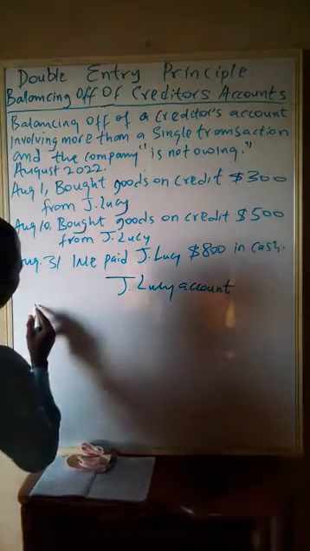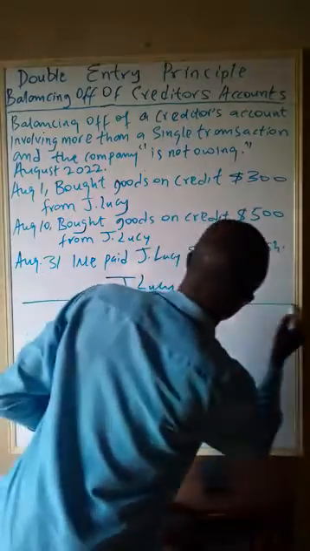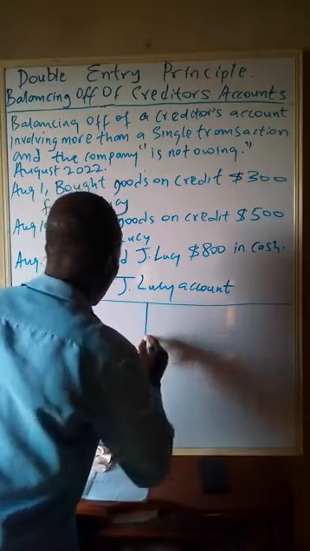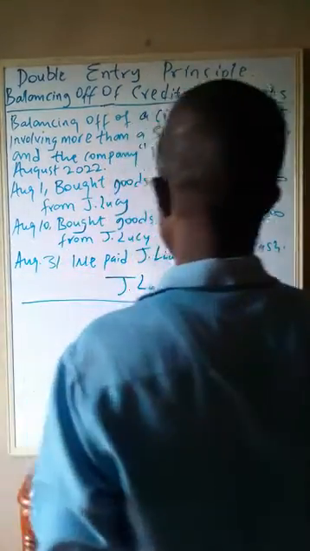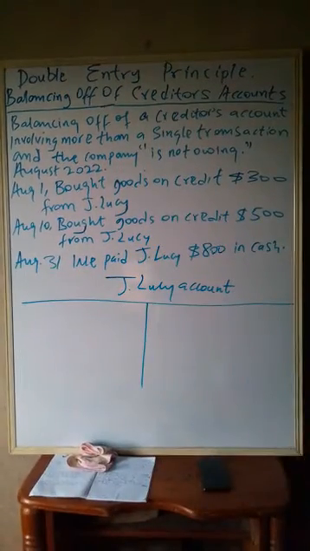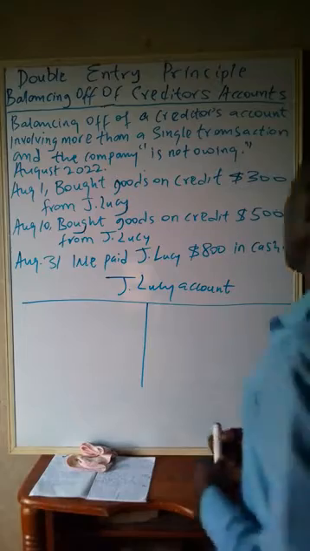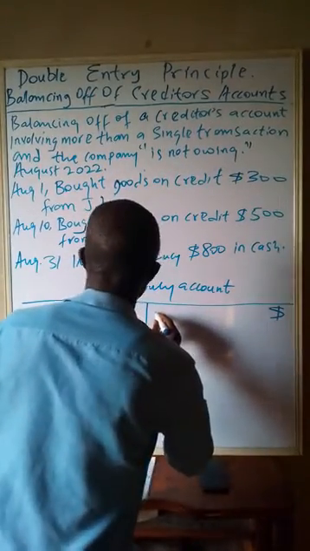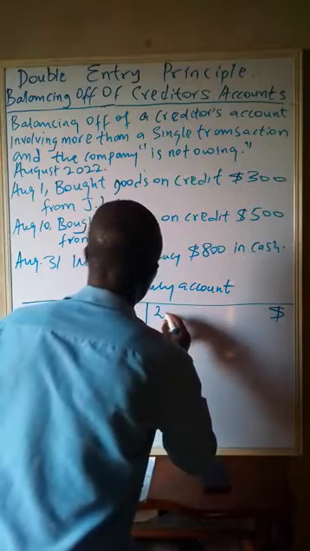So I open the J. Lucy account and I have my T account here. This is a supplier's account and that is a creditor account, and that is classified as a liability account. When a liability account is decreasing, what do you do? You credit. It's a liability account. You come here, dollar sign. What is the year? 2022.